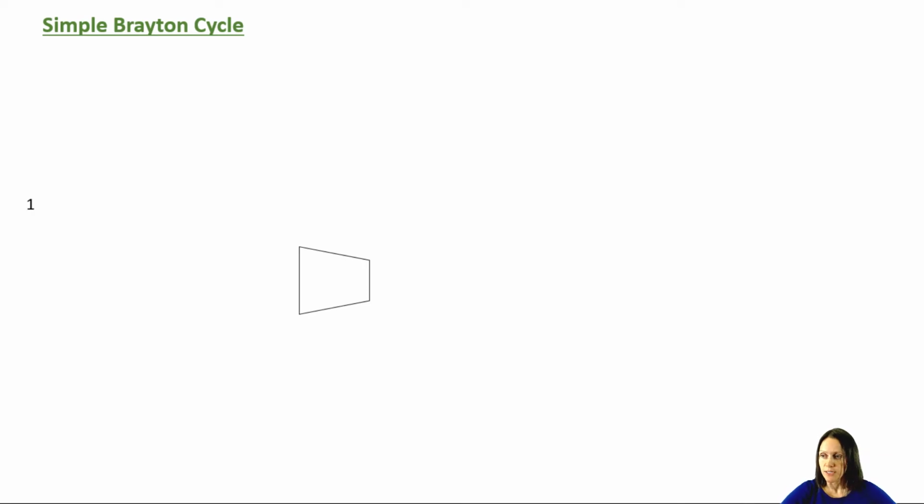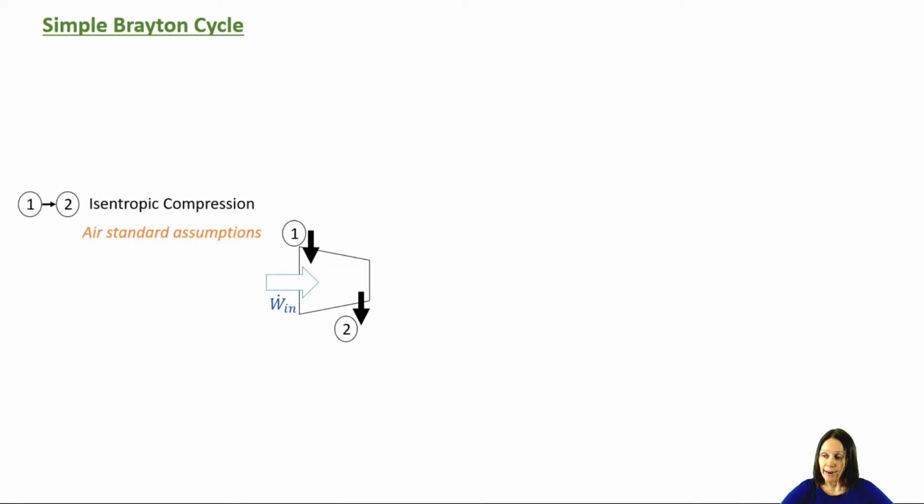The first process, from state 1 to 2, is an ideally isentropic process. You've got air coming in at 1, leaving at 2, and of course that compressor requires some kind of work or power input. If I make air standard assumptions and draw my boundary like this, and I want to apply my first law, is it an open or closed system? I know this whole cycle operates on one closed loop, or at least that's how I'm modeling it.